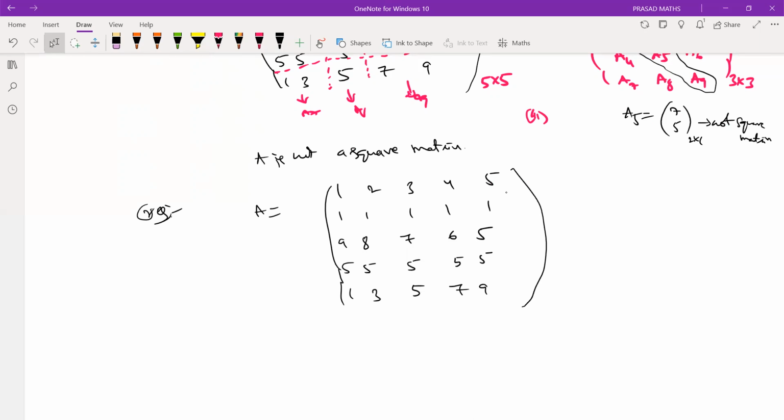Suppose my blocks look like this. Vertical lines, how many? 2. Horizontal lines, 2. First, it is a square matrix because it's a 5 by 5 matrix. First condition satisfied.